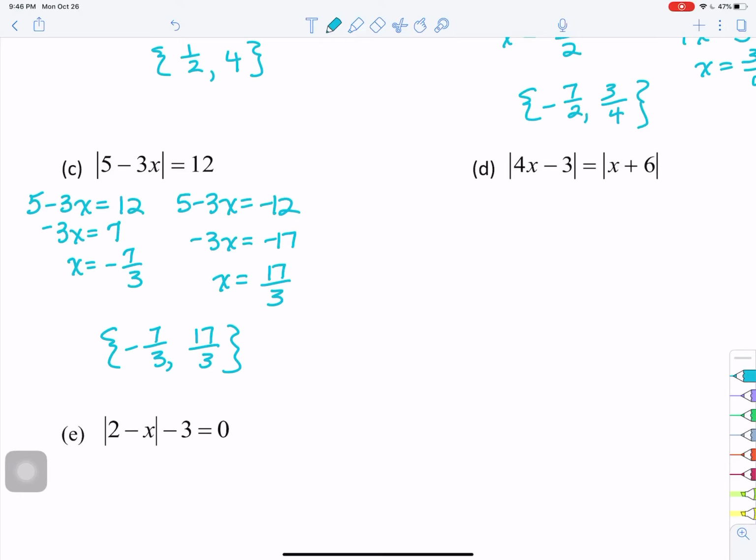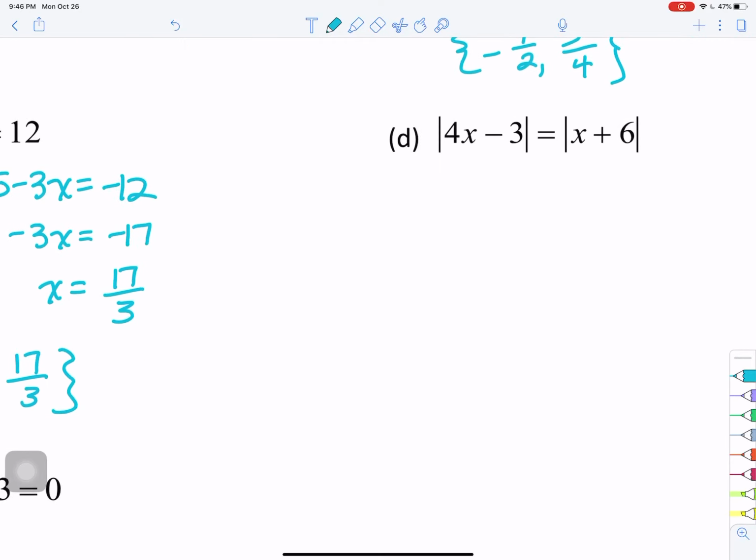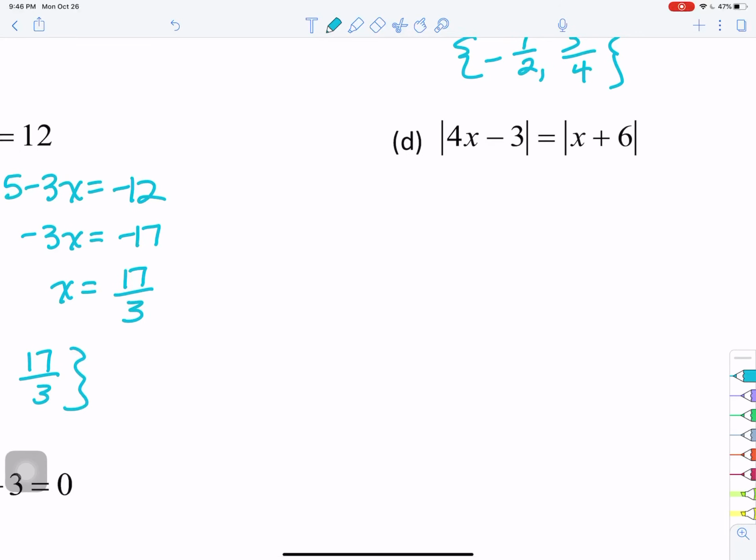Okay? Take a look at this over here. Two absolute value signs, not a problem. We're going to solve 4x minus 3 equals x plus 6, and 4x minus 3 equals the opposite of x plus 6. Go ahead and solve both of those.